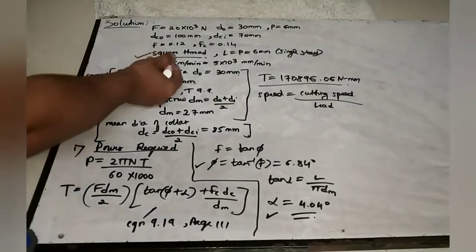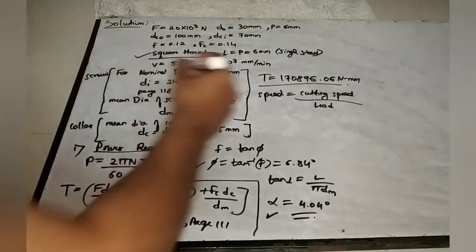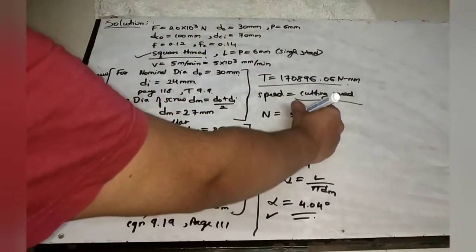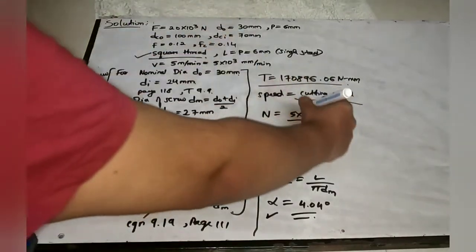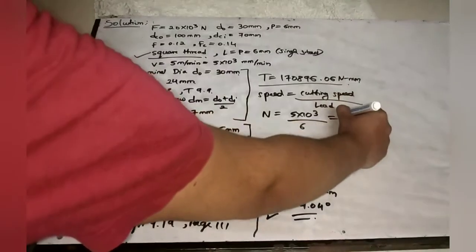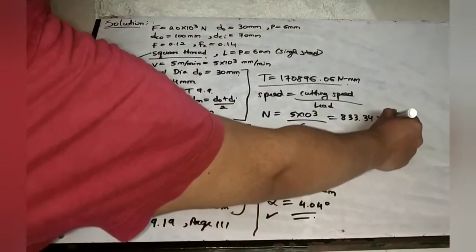So just observe this velocity, meter per minute or mm per minute you have taken. So N is equal to 5 into 10 raised to 3 divided by lead is 6. So it comes to be how much RPM? 853.34 RPM.